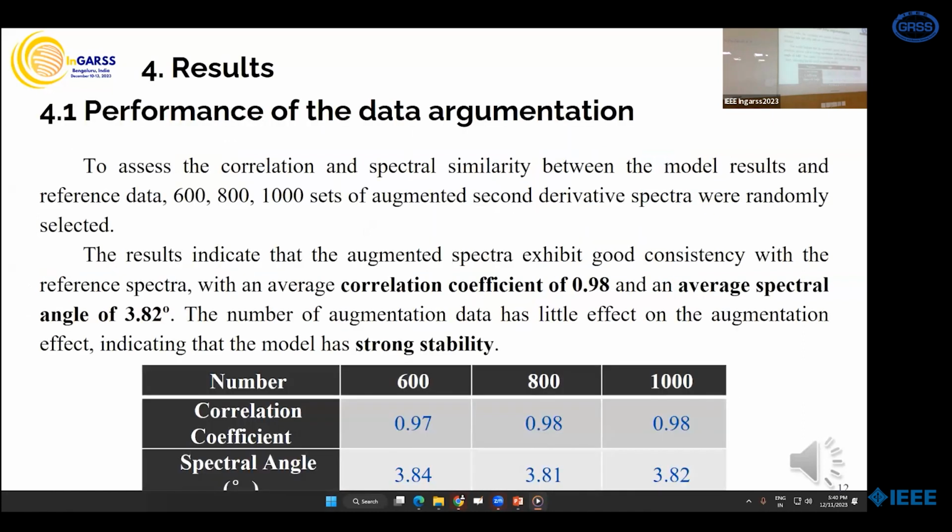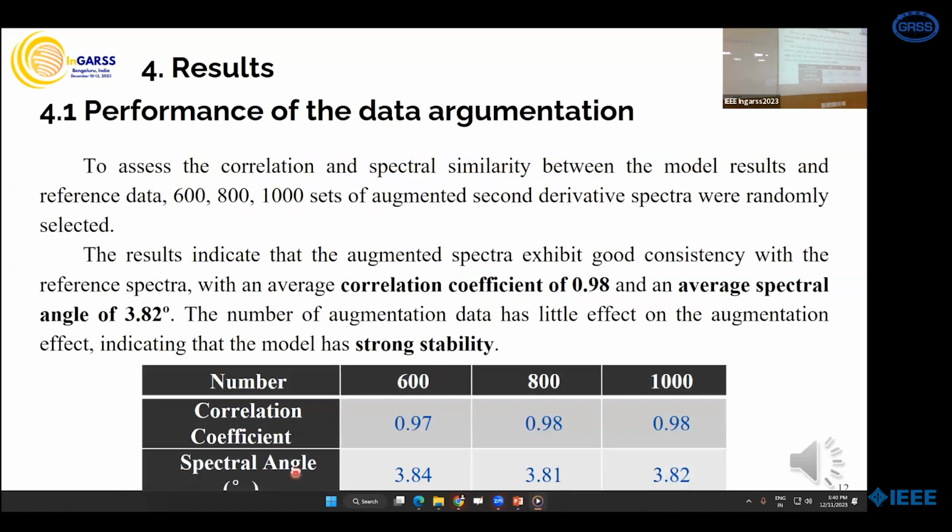To assess the correlation and the spectral similarity between the model result and the reference data, 600, 800, and 1,000 sets of augmentation data were randomly selected.